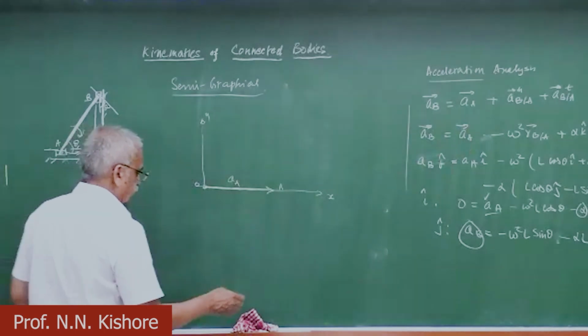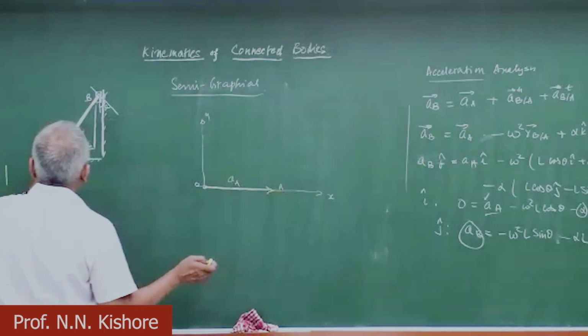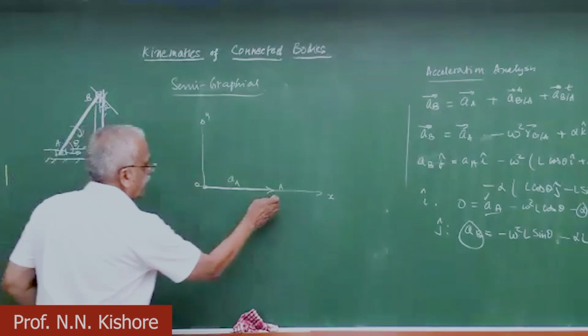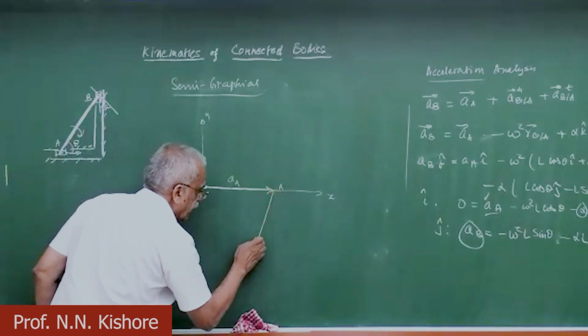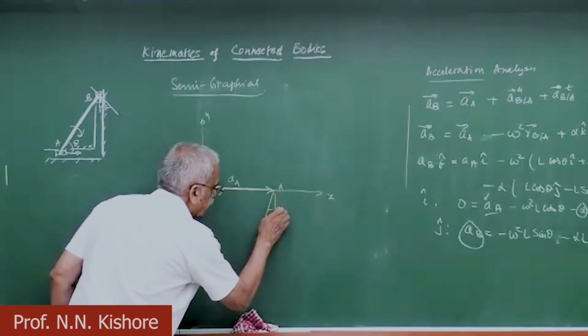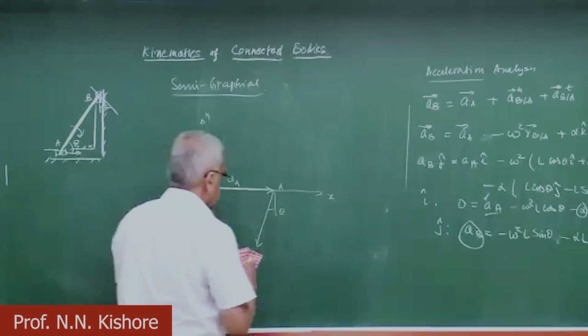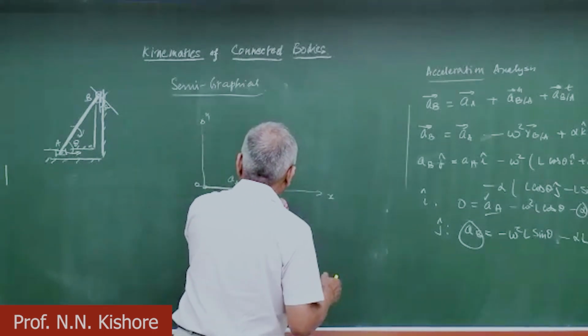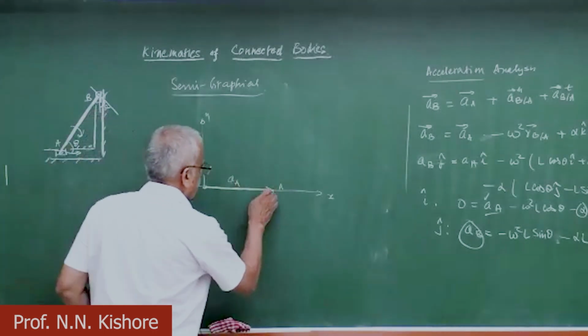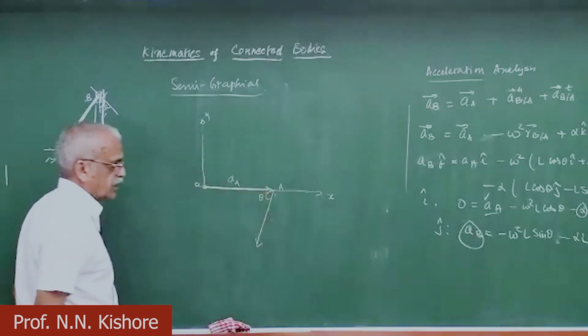So the normal acceleration here of B with respect to A goes from B to A at an angle of, sorry, this is not theta. This is just along the line here, and this is theta here.